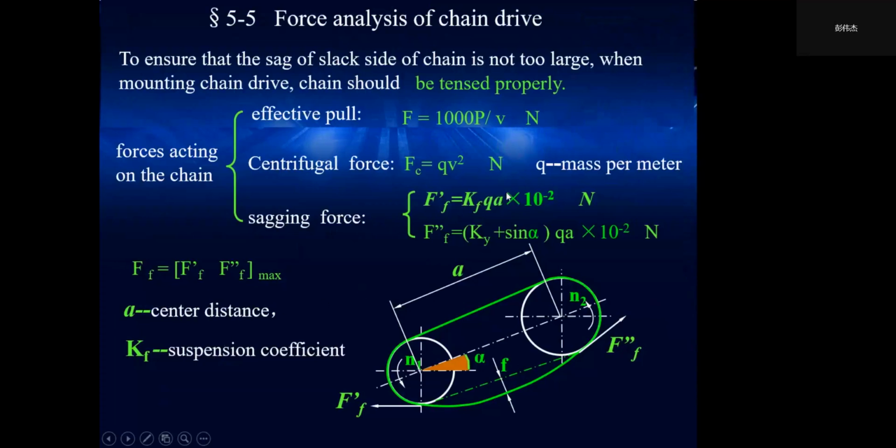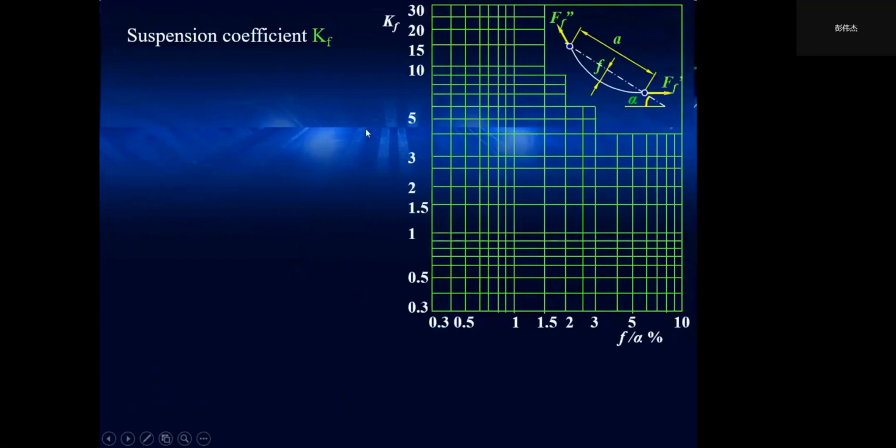A is the center distance, Q is the mass per unit length, the vertical axis is the coefficient KF, and the horizontal axis is f divided by a. A is the center distance, f is the sag.